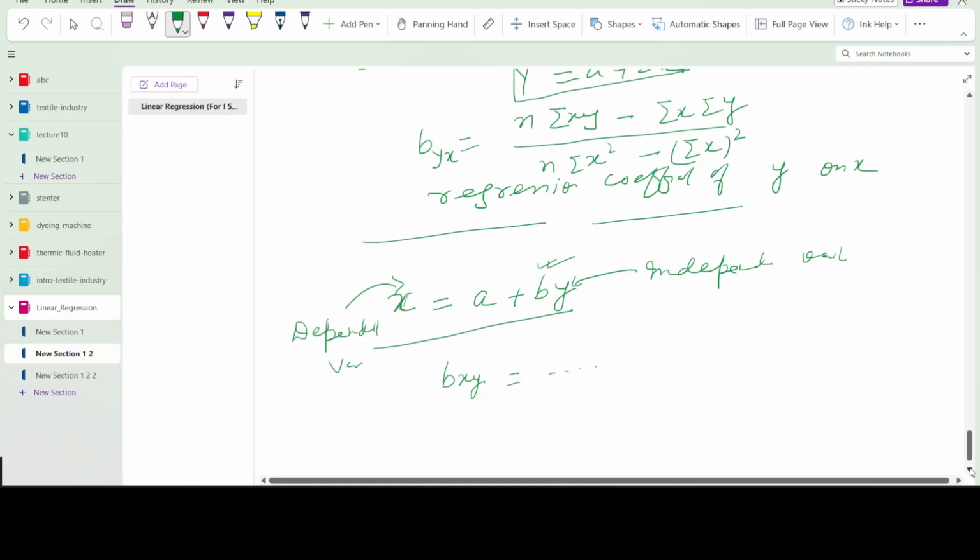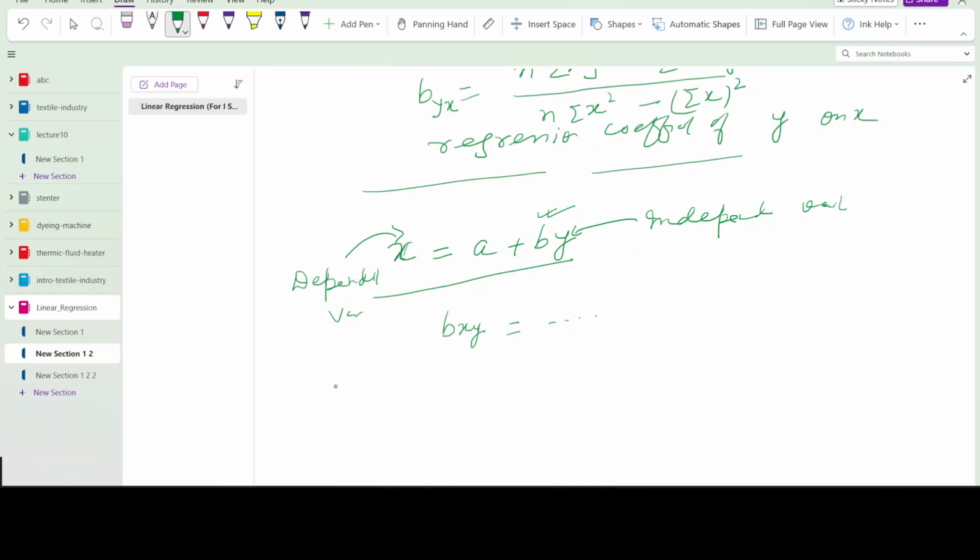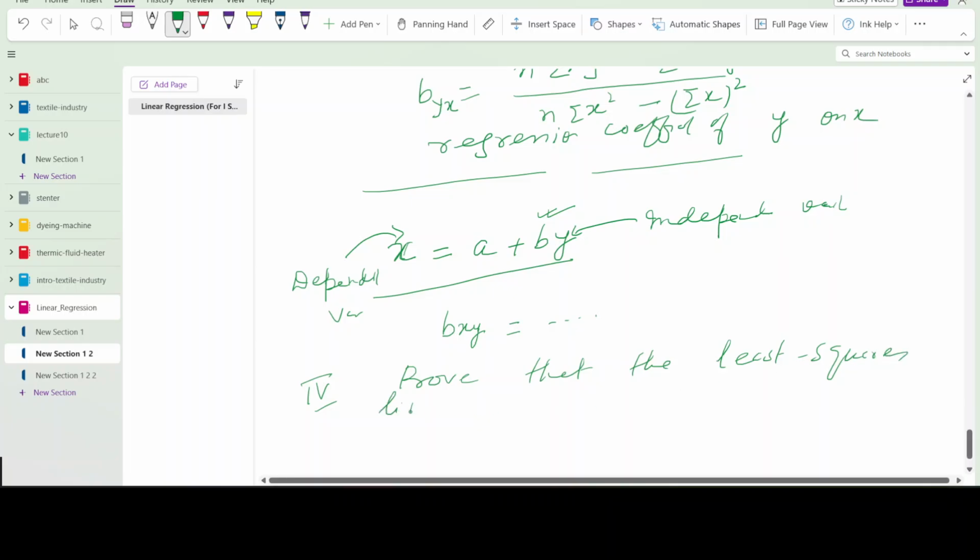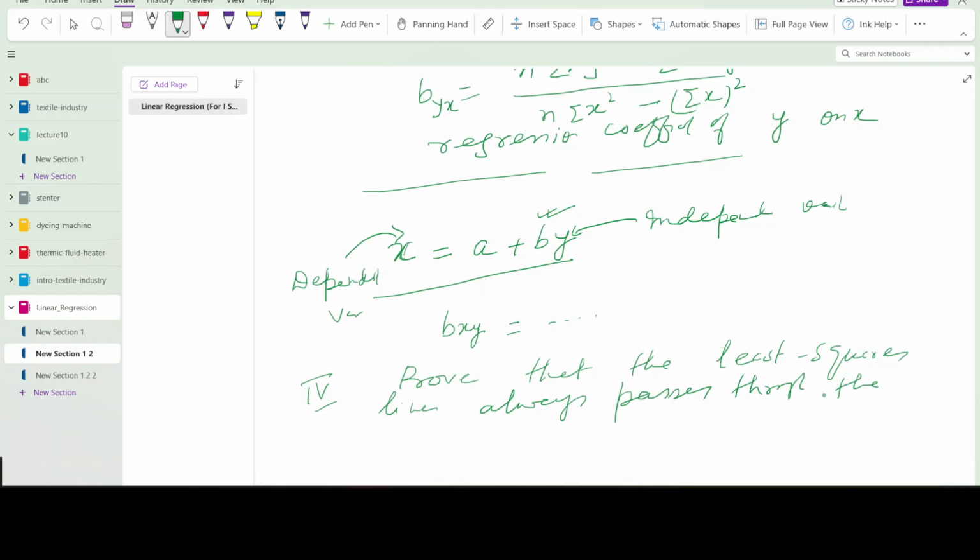Before concluding this, there is another very important concept, and that is to prove that the least squares line always passes through the point x bar, y bar.